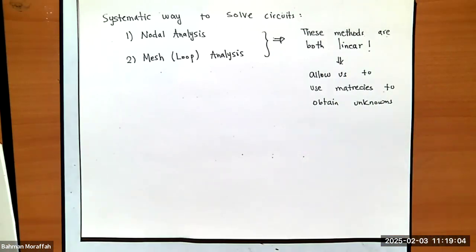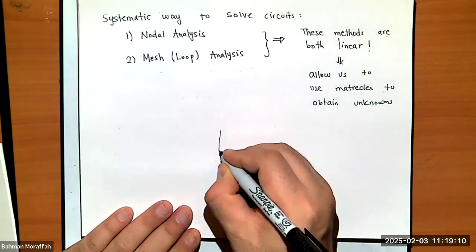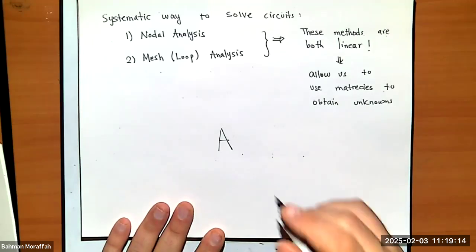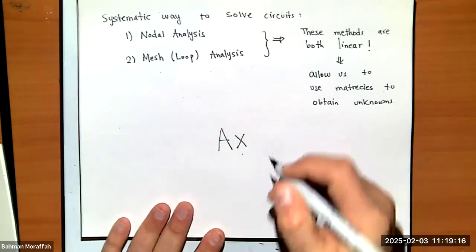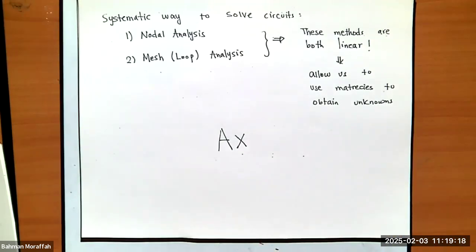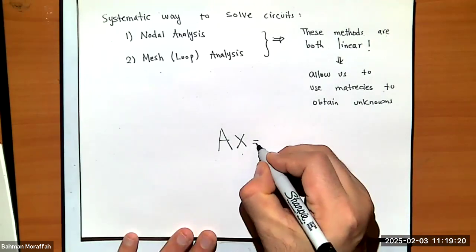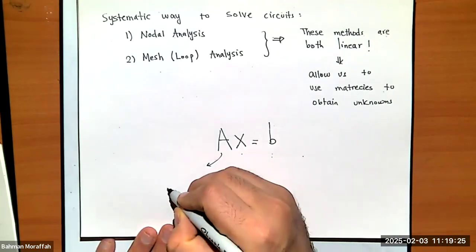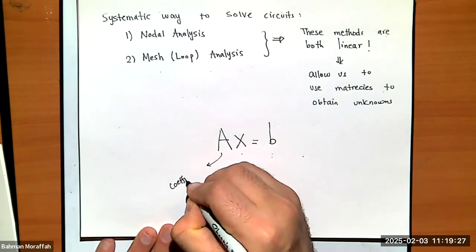How does it usually work? How does a set of linear equations look like? Well, we can always say there is some matrix A. It's multiplied by the vector of unknowns, and that produces another vector. So this is a matrix or coefficient matrix.